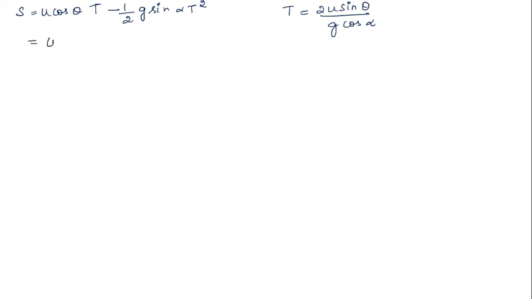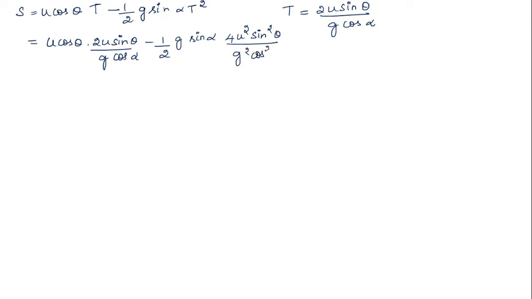So it will be u cos theta, t is 2u sine theta divided by g cos alpha, minus half into g sine alpha, and t squared will be 4u squared sine squared theta divided by g squared cos squared alpha. So this g and g squared will get cancelled, there will be a g, and 2 and 4 will get cancelled, there will be a 2.